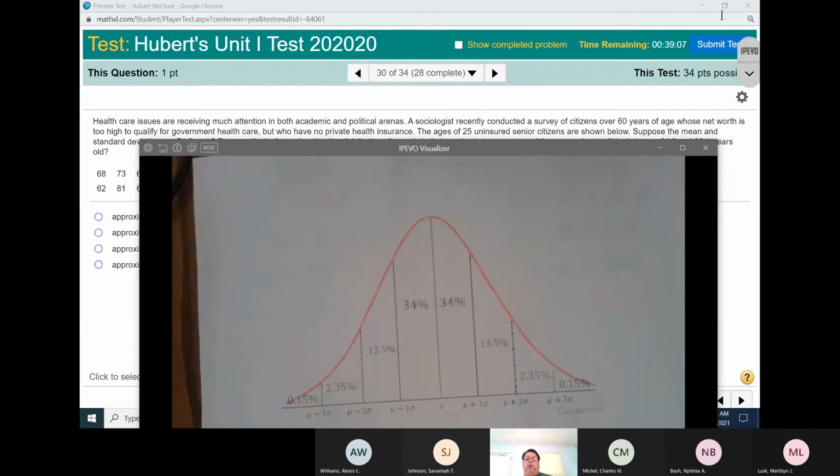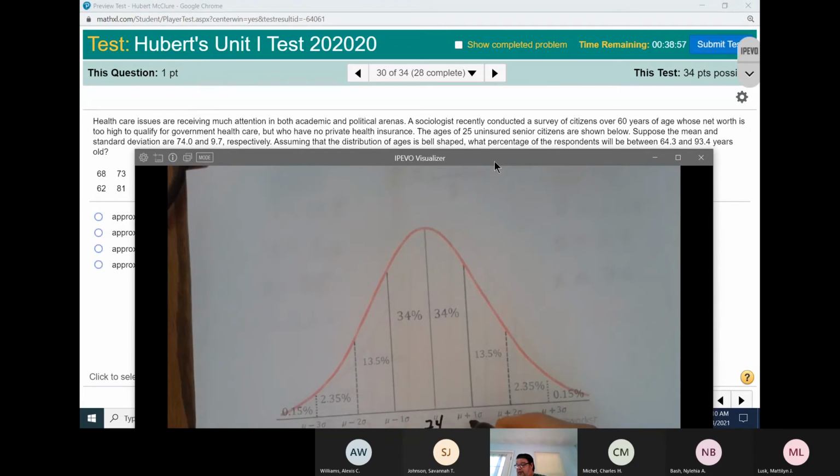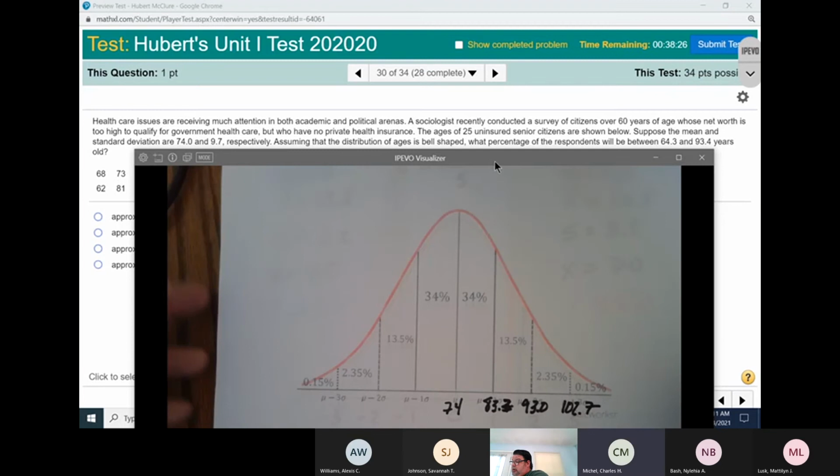74 and 9.7. So 74 and add 10 or 9.7. That'd be an 84. So it'd be 83.7. Y'all help me out here. 83.7 plus 10 is 93.7, and 93.7 plus 10 is 103.4. Somebody check my math on the right side, please. Yes, sir, that's right.